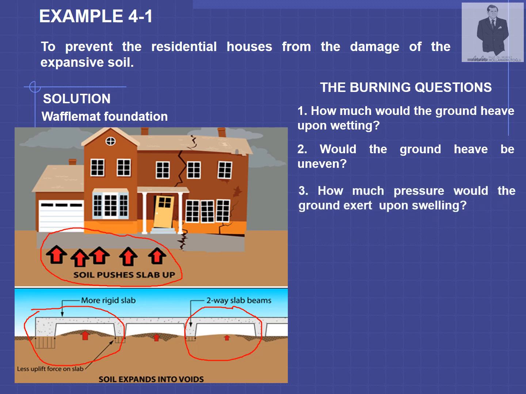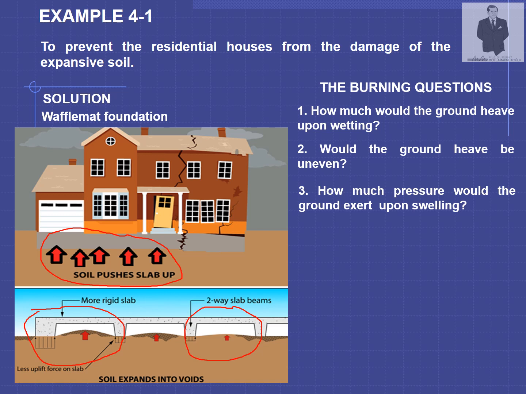The third question, how much pressure would the ground exert upon swelling? This is another important issue, because if we know the uplift pressure inflicted by the soil, then we can arrange the foundation accordingly. Now, if the stresses beneath the foundation are greater than that of the soil, then there will be no special arrangement.